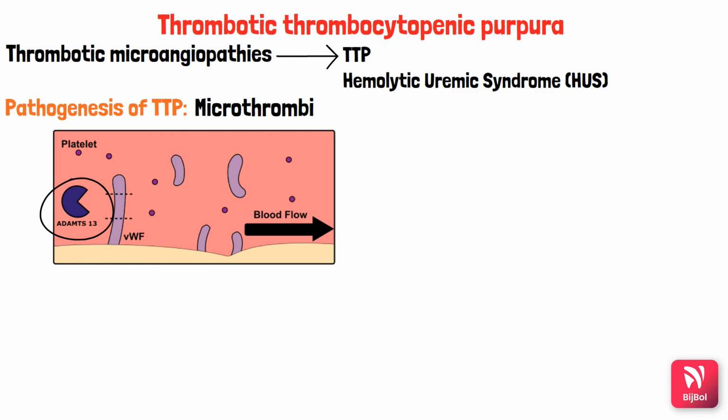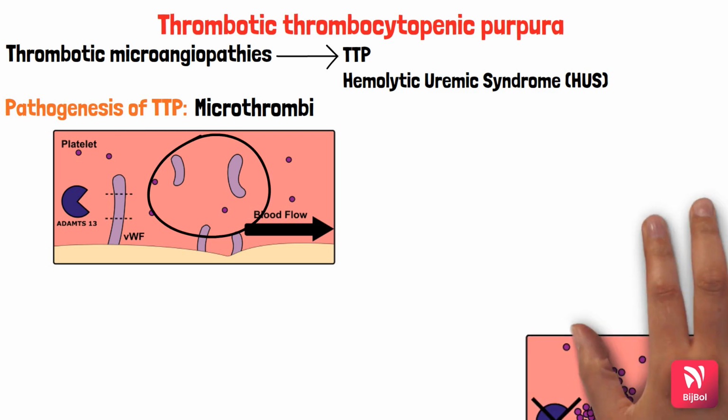So what happens normally is that there is another protein called ADAMTS13. This is a metalloproteinase enzyme, which helps in destruction of von Willebrand factor. That means it breaks down von Willebrand factor into pieces like this. As there is no injury, we don't need von Willebrand factor, so platelets will move around freely in the circulation. So this is normally.